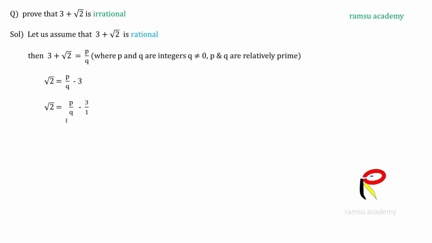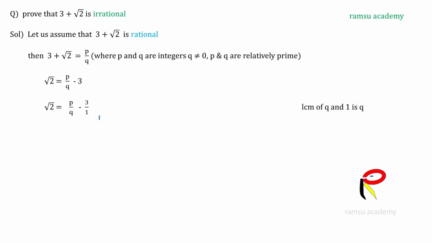Now let us simplify the right hand side of the equation. For this, we need to find the LCM of the denominators q and 1. LCM of q and 1 is q.